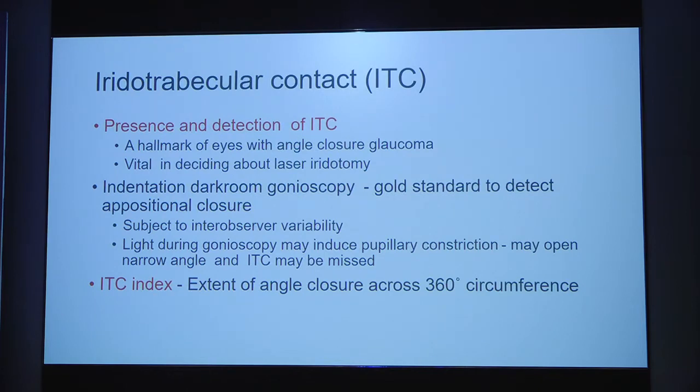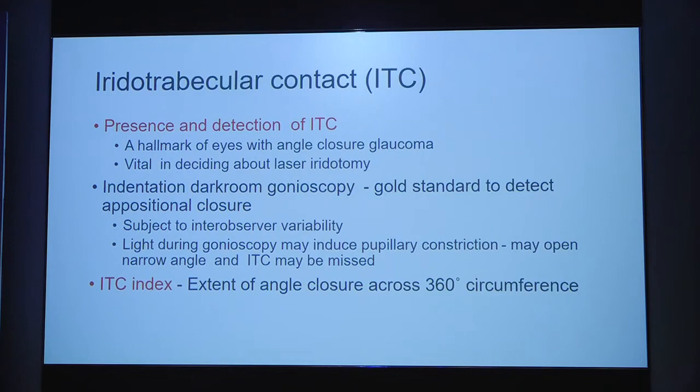So iridotrabecular contact, that is ITC, is coming as a major predictor for angle closure, and the presence and detection of ITC is a hallmark in eyes with angle closure glaucoma. It is vital in deciding about laser iridotomy and also the effect of laser iridotomy. Indentation and darkroom gonioscopy is a gold standard, but still this is coming, and it has been getting compared with the routine gonioscopy that we do.